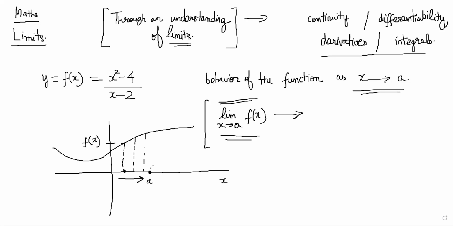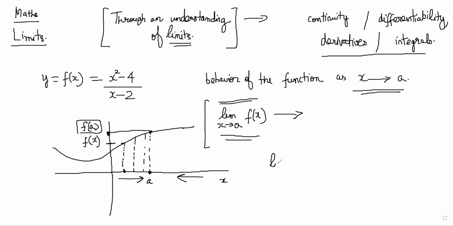And when it becomes close to A, it will have something close to this value. From the other side also, if you bring it lower, then also the values are approaching the same value. This is the f of A. So if from both sides the function is going to approach the same value, then we will say that the limit exists.